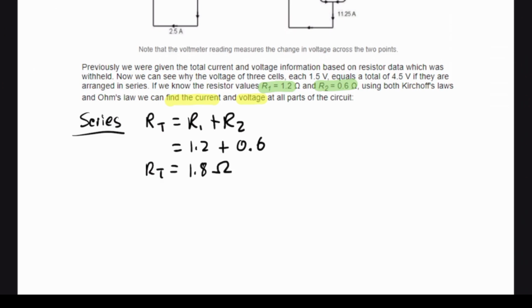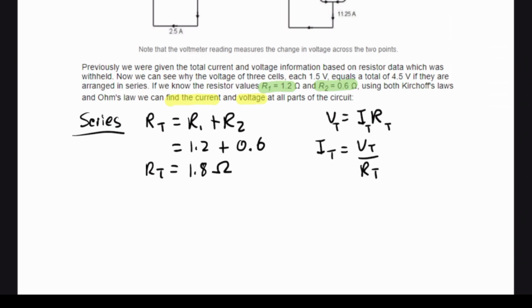And now that we know the total resistance and the total voltage, we can find the total current. Remember, V equals IR, and we have our total voltage and total resistance for the circuit, so we can work backwards to find our total current. We want to find the current, because remember it said find the current and the voltage for each. So total current is equal to V over RT.